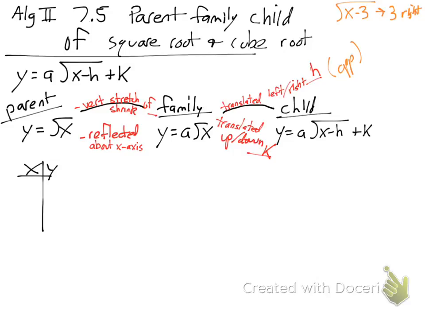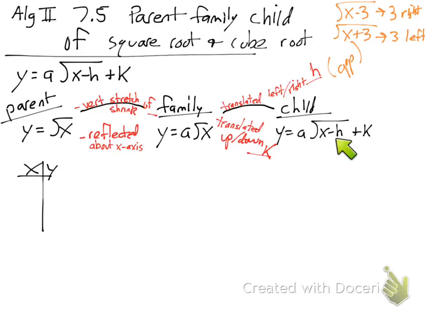You're thinking, oh, that's a negative 3, right? It's minus 3. No, I'm actually going to the right 3. If inside the square root you see x plus 3, that means you're going 3 to the left. It's because the formula way over here says it's x minus h. And so the only way for it to be x minus 3 is if h was positive. That's why you're going to the right. If it's negative, you're subtracting a negative, which means you're adding.